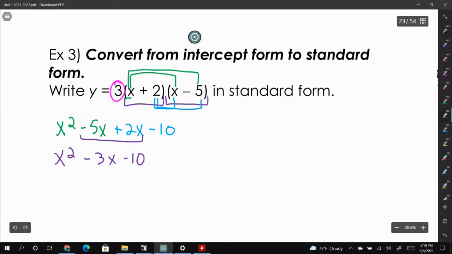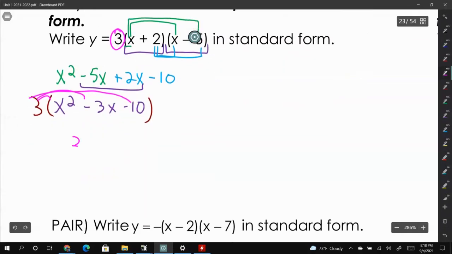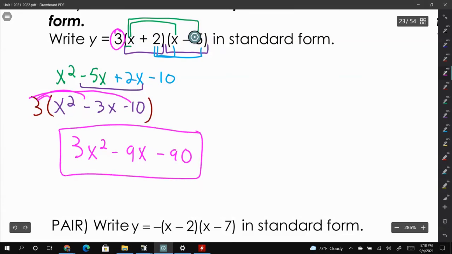I have to then deal with that 3 in front and multiply everything by 3. That's going to give us 3x squared minus 9x minus 90. And now this is in standard form.